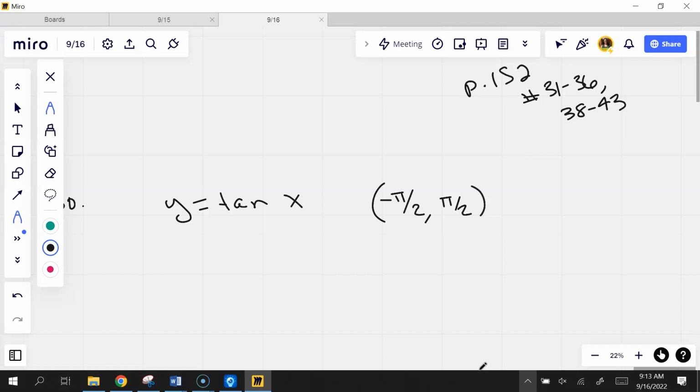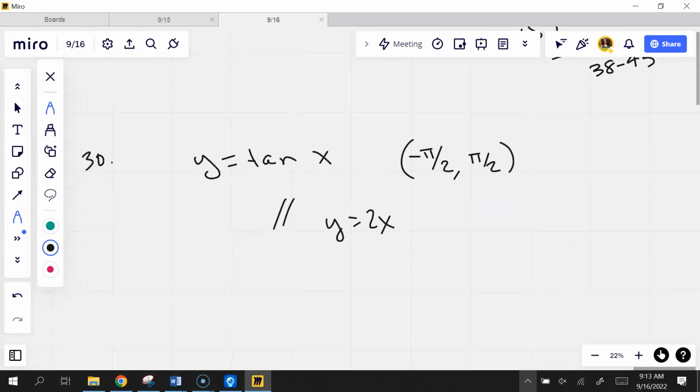Are y'all following that? Find the points on the curve where the tangent is parallel to the line y equals 2x. If I'm parallel to y equals 2x, that means I have the same slope, which is 2. So I want to know where the derivative is equal to 2.